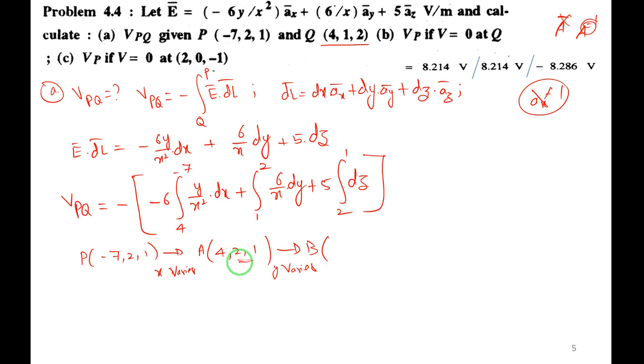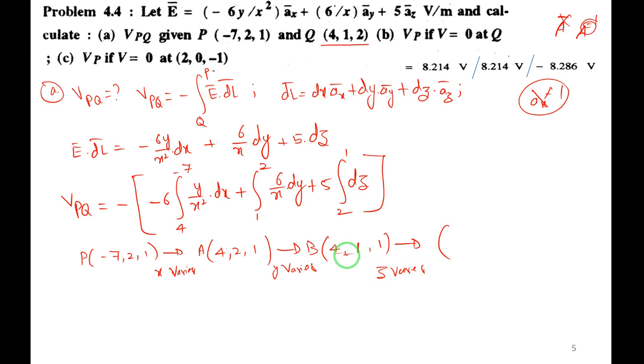But the other coordinates x and z are fixed. 4 comma, this y we will write later. x and z are fixed because only y is varying. So y is varying means 2 to 1. Then next, z is varying, right? Let me rename this point later. So z varies.